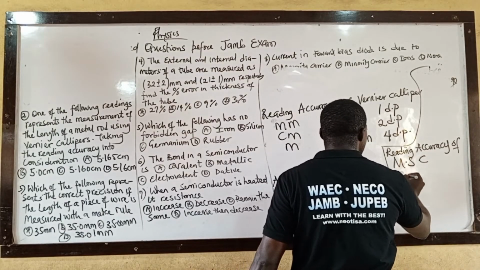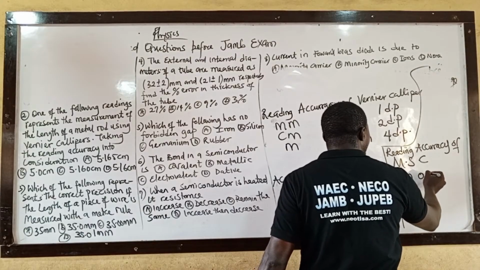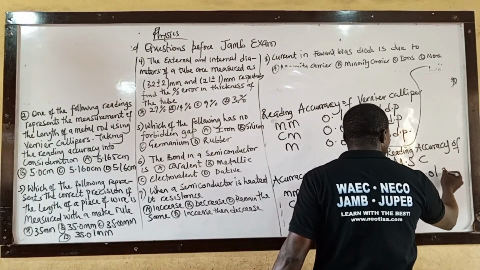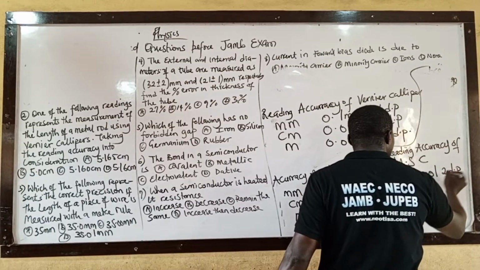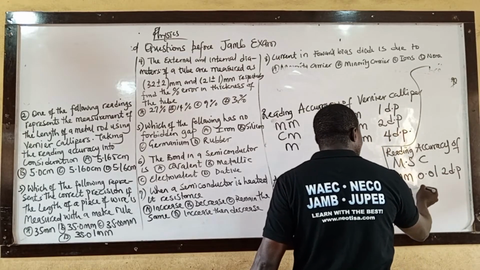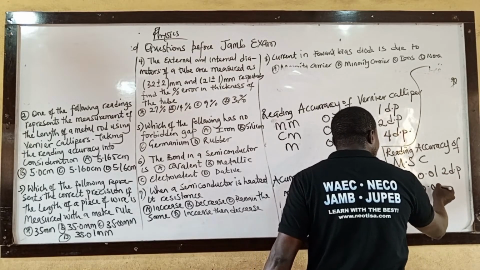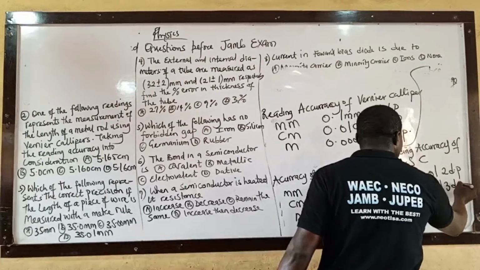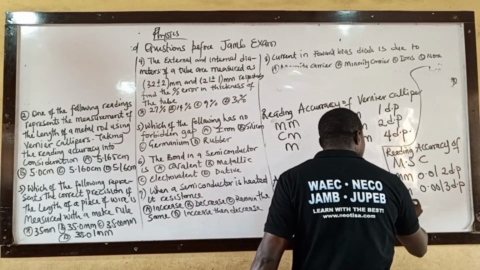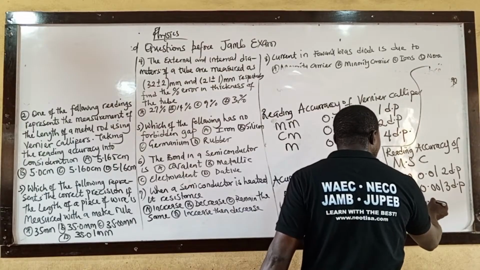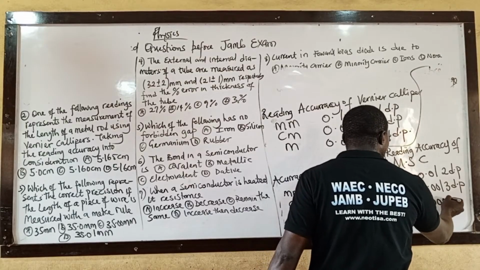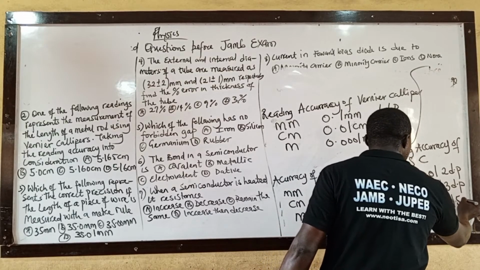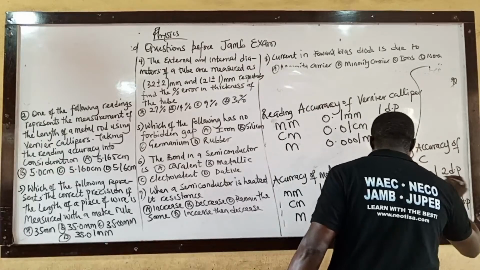In millimeter, it is 0.01, 2 decimal places. In centimeter, 0.001, 3 decimal places. In meter, 0.00001, 5 decimal places. Take note.